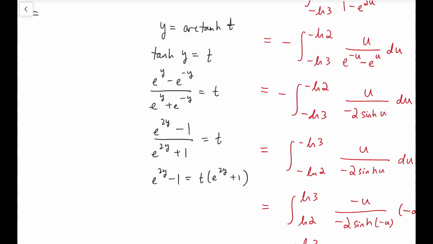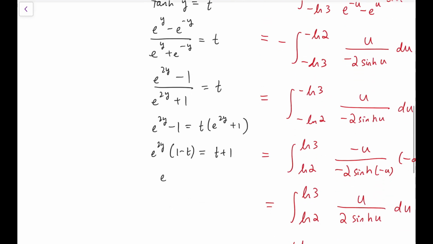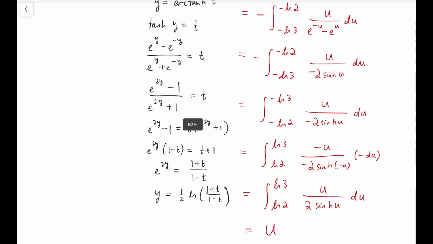Now next I'm going to rearrange and make y the subject of the equation. So now I have e to the power 2y equals (1 plus t) over (1 minus t), and I can take log on both sides, so eventually I get this expression of logarithm.